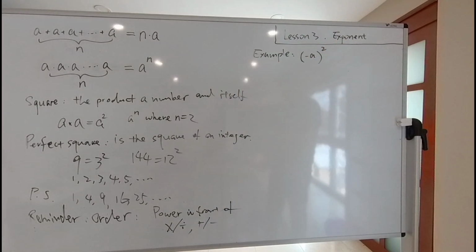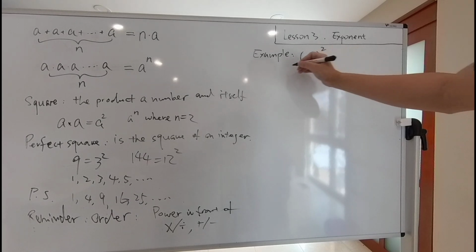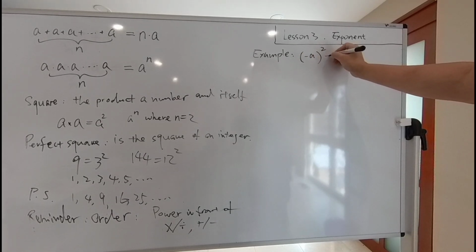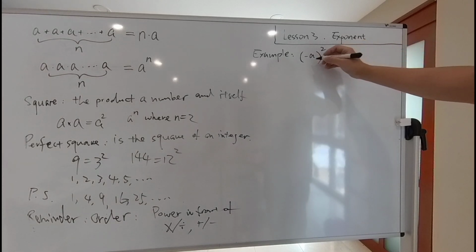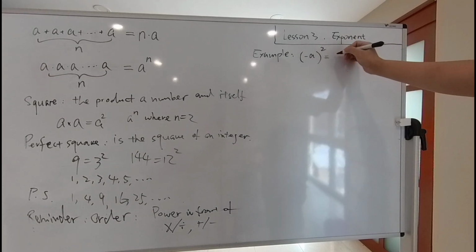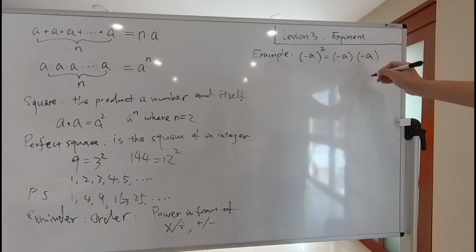You will learn the conclusion very soon, but let's start step by step, and you will see how we derive the conclusion shortly. First of all, square means the number multiplying itself.